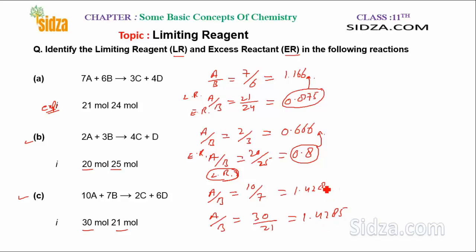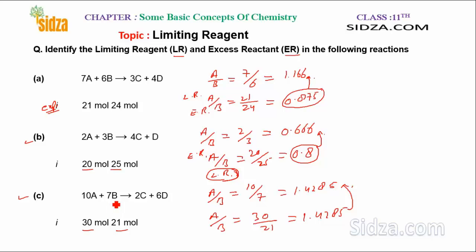So the ratio we find here is the same, right? There's no change. That means in this equation we don't have any excess reagent or limiting reagent. The reactants are in the exact ratio in which they react. So at the end of the reaction here, in the third case, you will get the products C and D only. You will not find any excess reagent here.